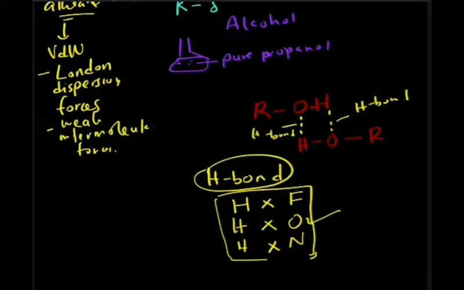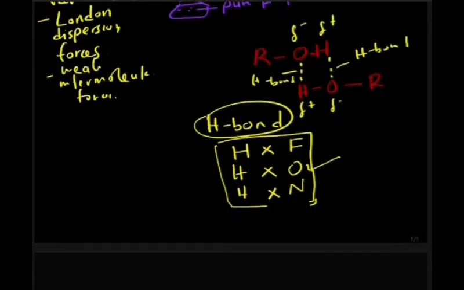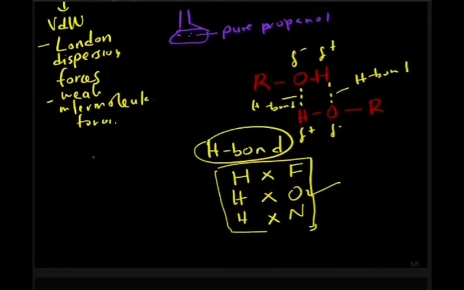Remember that the oxygen interacts with a hydrogen because oxygen is slightly negative and hydrogen is slightly positive. Opposites attract. That's how it differs from the alkane. Alkane only has London dispersion forces, but alcohol has an additional strong bond, the hydrogen bond.